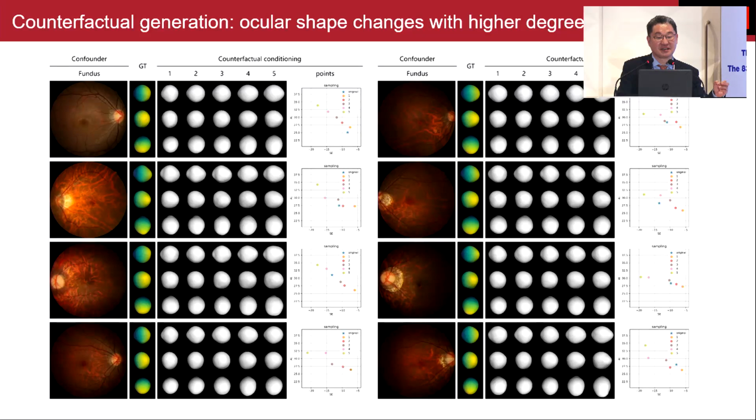We call this counterfactual generation. We can simulate, when the degree of myopia increases, how this might change the ocular shape over time. So this is a good way to scare your patient. If you don't ever receive treatment, your ocular shape will become terrible looking.